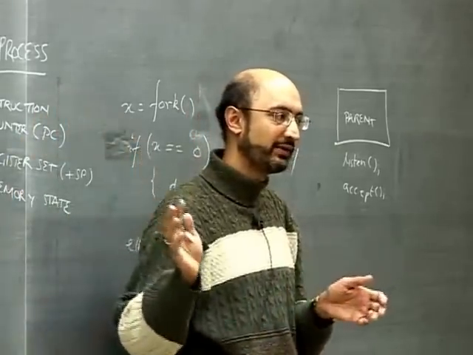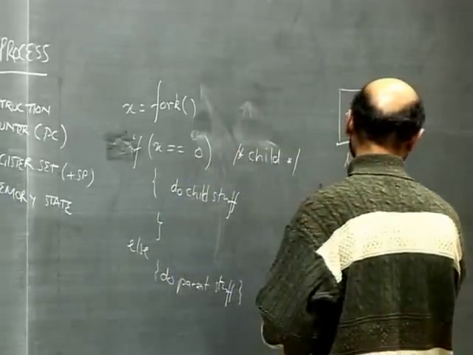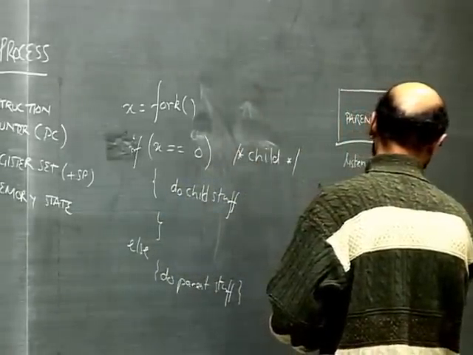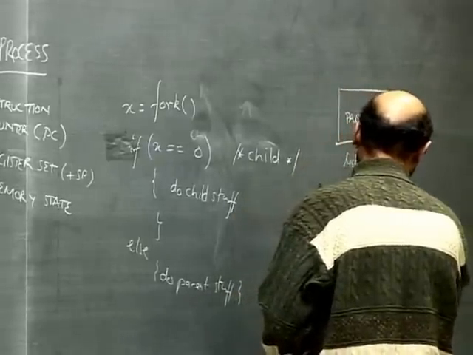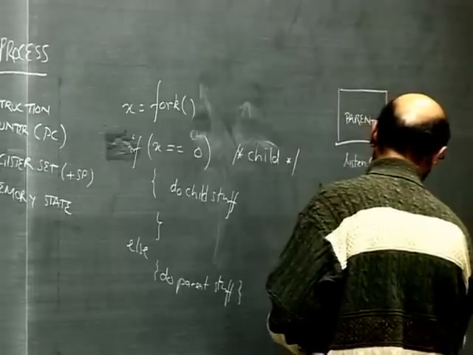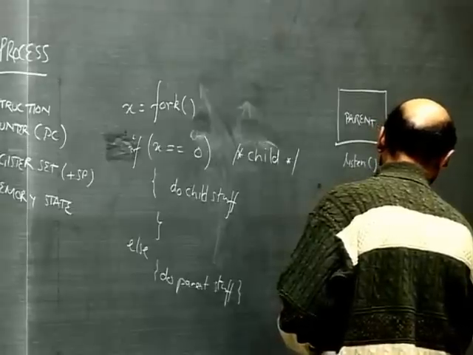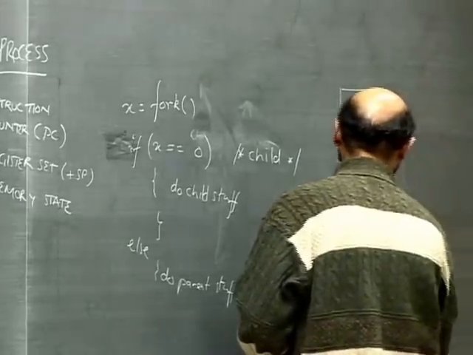You don't want the parent to worry about that. The child should take care of everything. So what you want to do over here is basically do a fork, and then if x is 0, if it's a child, at this point you're going to do the game. Else, what you do is you just go right back here.